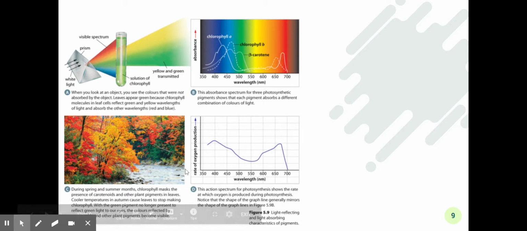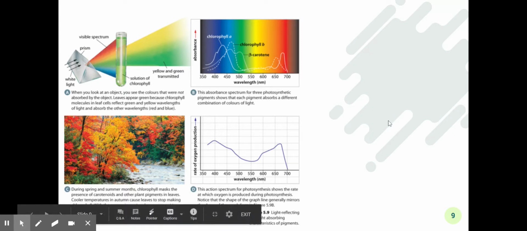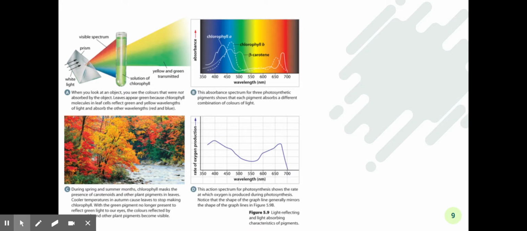The interesting thing is if you ever think about fall, what is happening right now, we're entering into the season of fall. In fall, our leaves turn from green into yellows, oranges, and reds. That's because as it gets cooler out and as the sun is not as strong, the chlorophyll pigment can't absorb as efficiently as it used to, so it doesn't do its job as well.